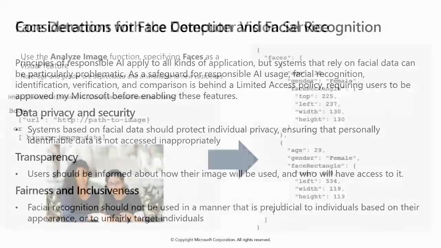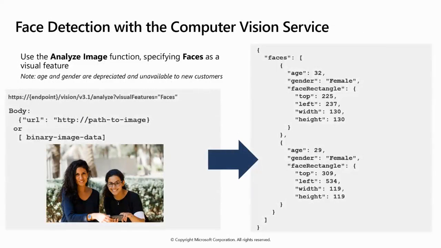Now, in order to use face detection with the computer vision service, we just need to call the analyze image REST function, or the similar method in the SDK for our programming language of preference, with faces as one of the visual features to be returned, to recognize and analyze faces with the computer vision service.